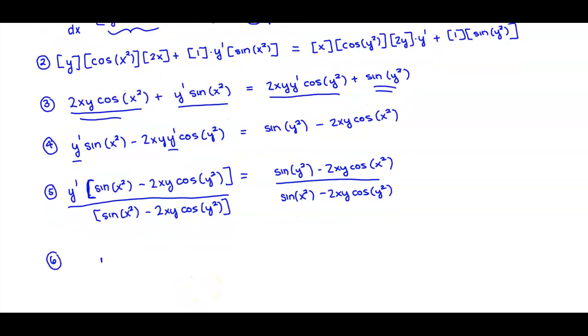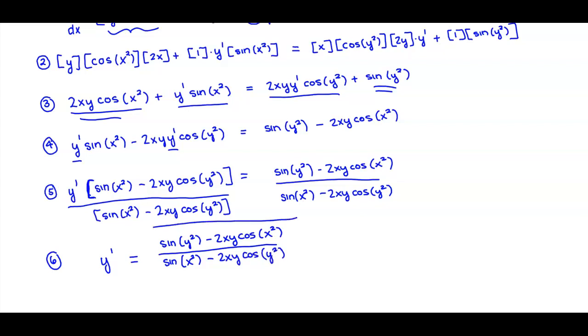And so therefore, we would get y prime, which is equal to the sine of y squared minus 2xy times the cosine of x squared, divided by the sine of x squared minus 2xy times the cosine of y squared. And therefore, there is the derivative of this function.